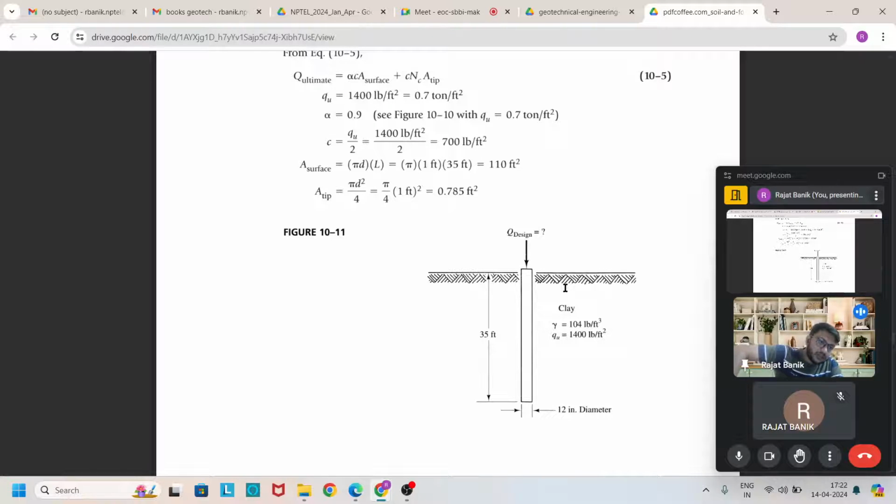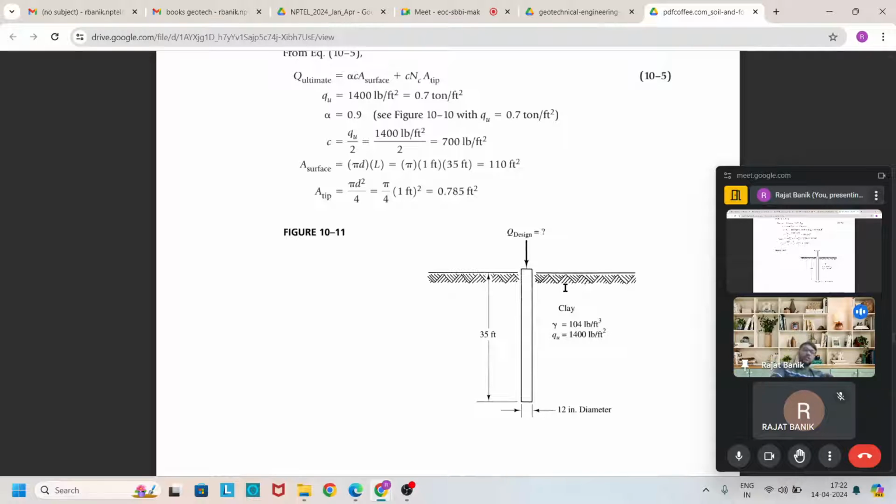Q_u, that means unconfined compressive strength, is given. We know that half of the unconfined compressive strength is equal to the cohesion of the soil. So easily we get the c. Then gamma is given 140, and the soil is clay, and the length of the pile is 35.